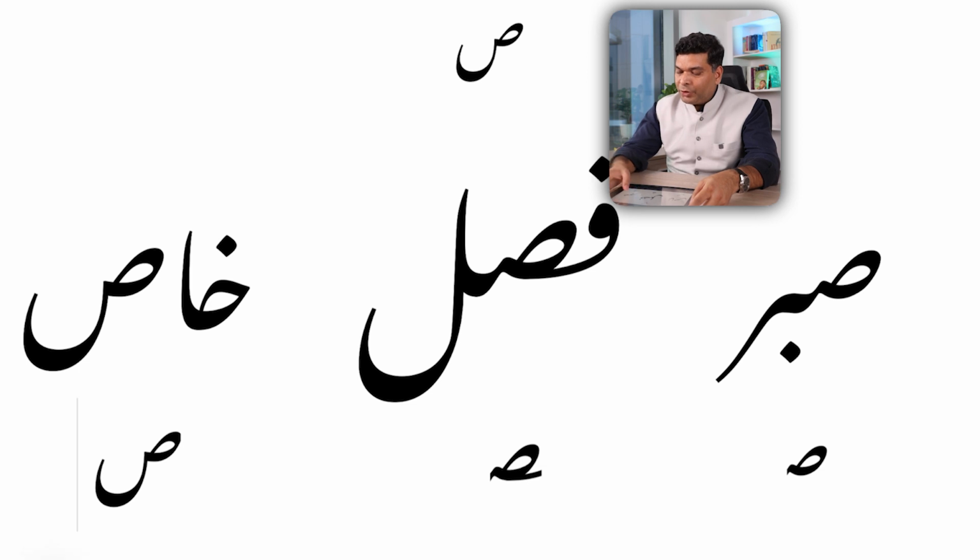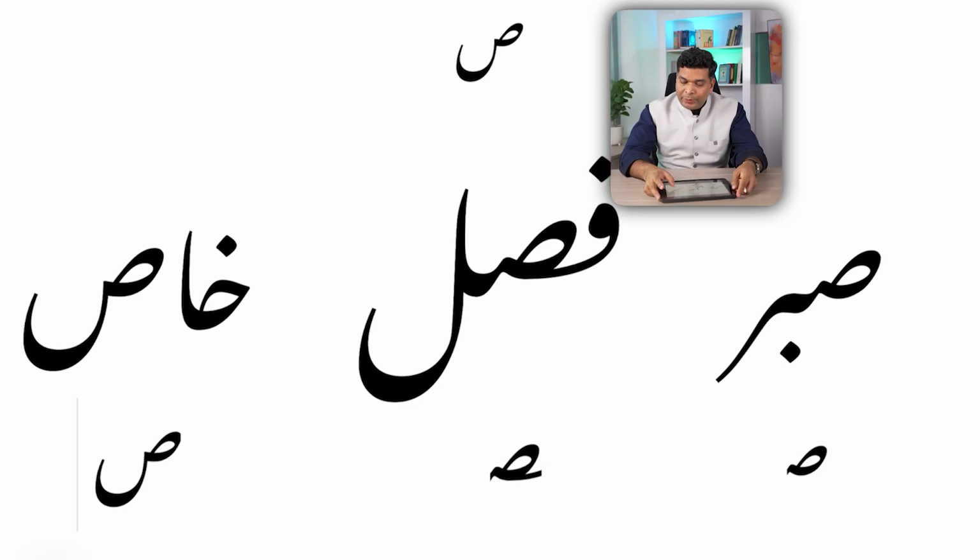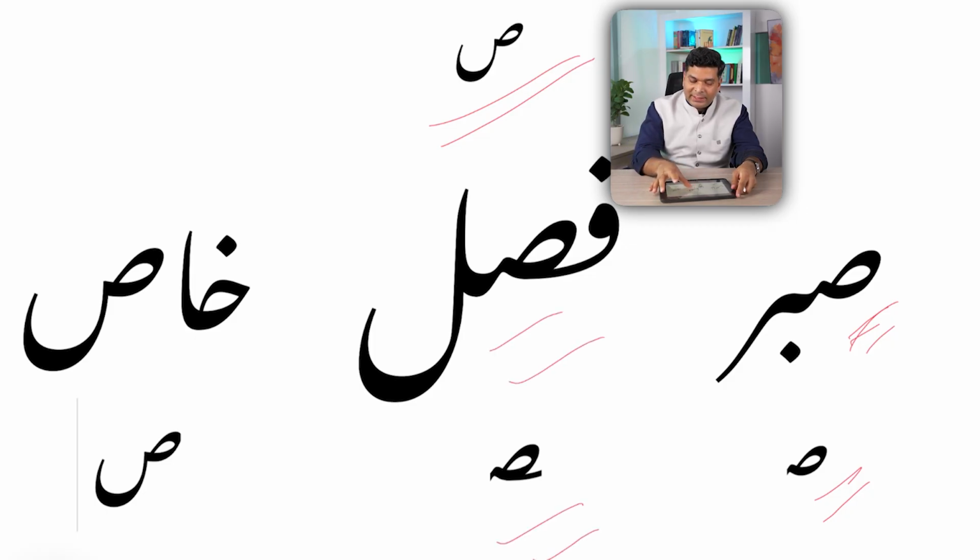They truncate in the beginning. In Sabr, for example, you have Saad, which gets truncated. This is the original shape, but it truncates in the beginning. Then the same truncated shape in the middle, in Fasl, and it retains the shape in the end, in Khas.